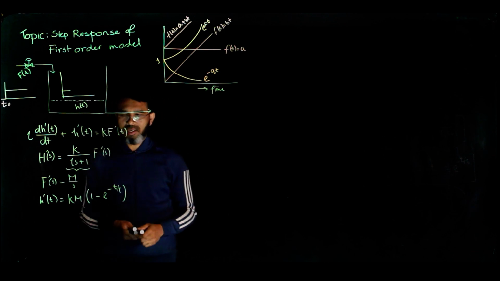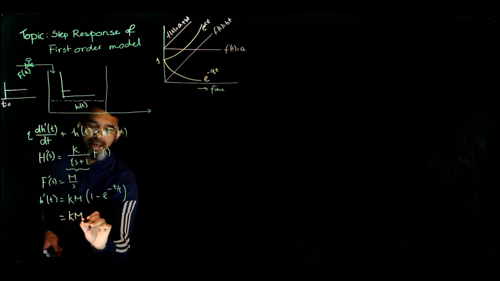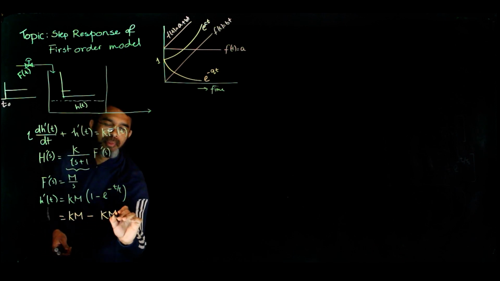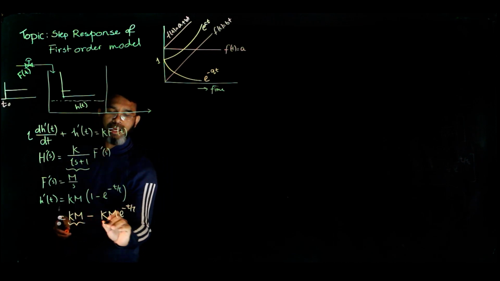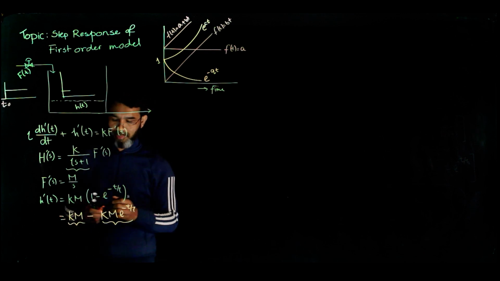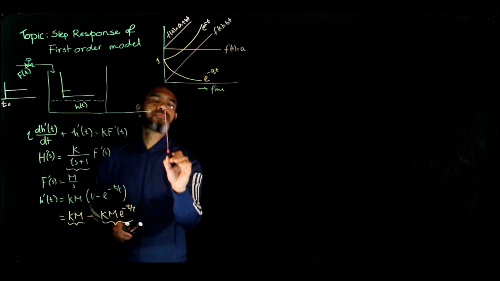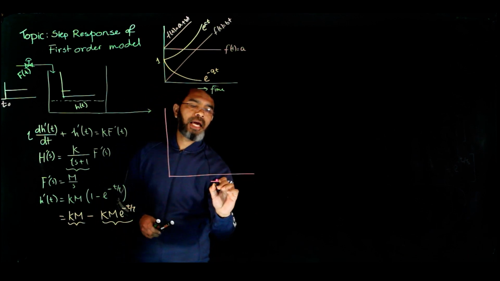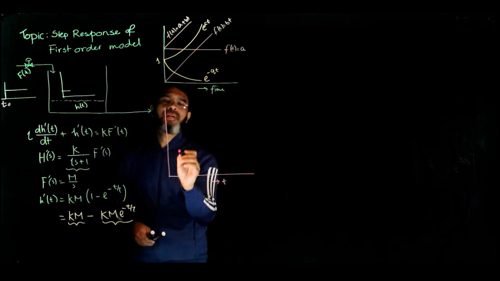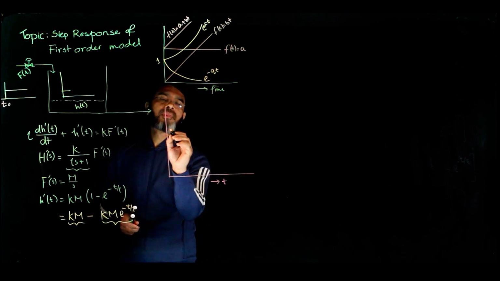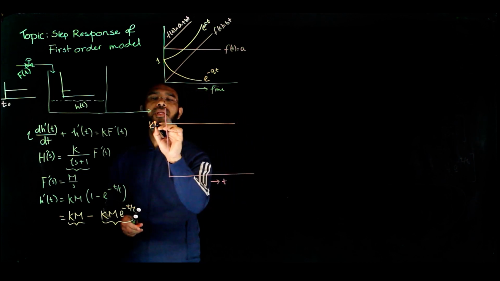Now if we want to plot this, let's express this as two functions. One is KM minus KM e to the negative t over tau. Let's plot these two parts separately and subtract one from the other. These are the time axis t, and we plot KM, which will be simply a constant function KM.